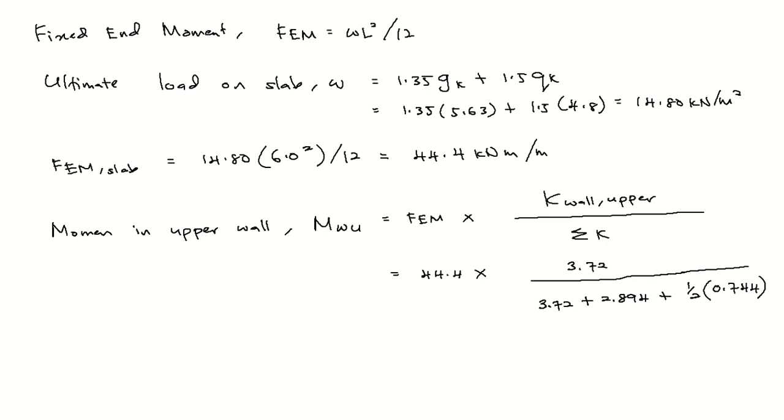So this will bring you a value of 23.64 kilonewton meter per meter. This is the moment in upper wall. Now let's look at moment in lower wall.